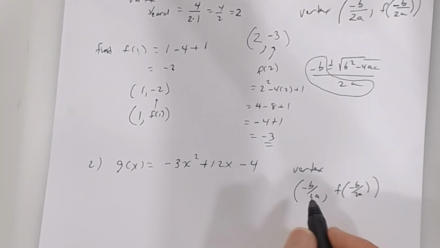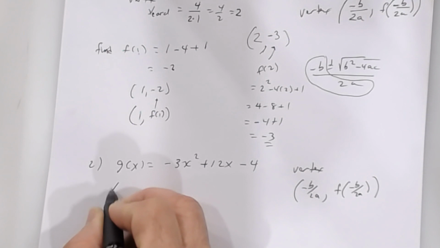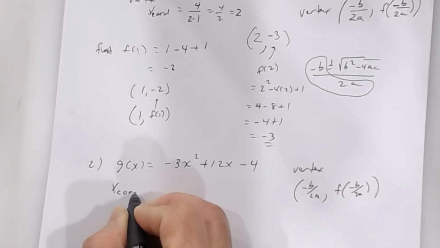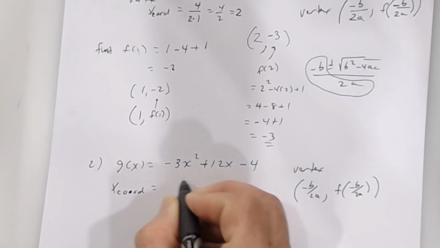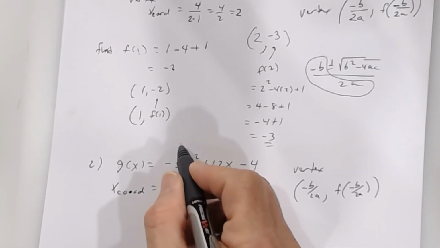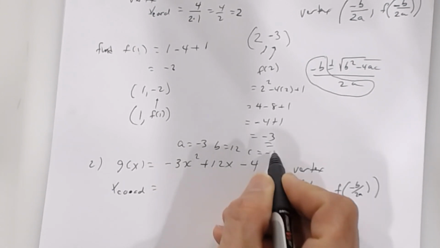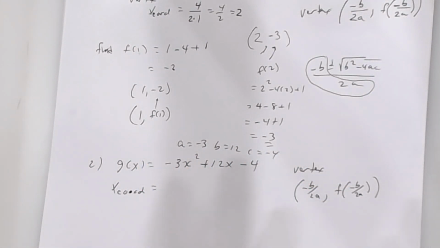So to find the vertex, I'm going to find the x-coordinate first. First of all, let's determine what A, B, and C are. A is what? Negative 3. B is what? 12. And C is what? Negative 4. In fact, for the x-coordinate, do I need C at all?